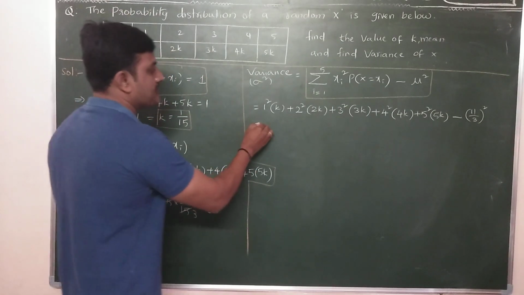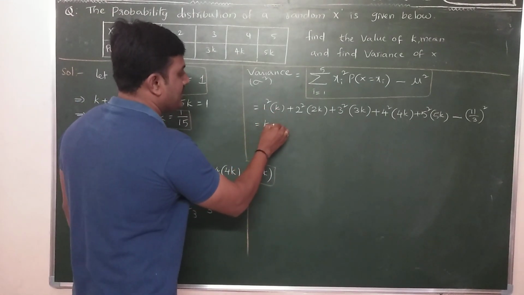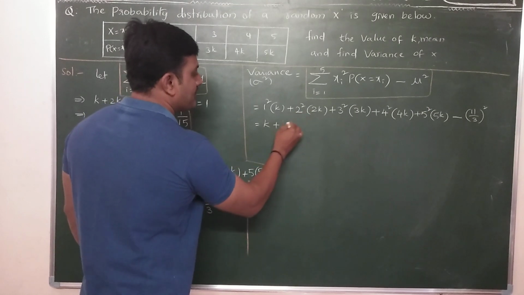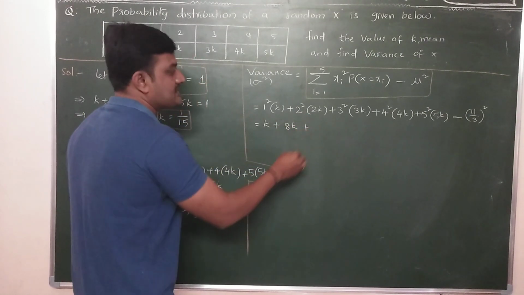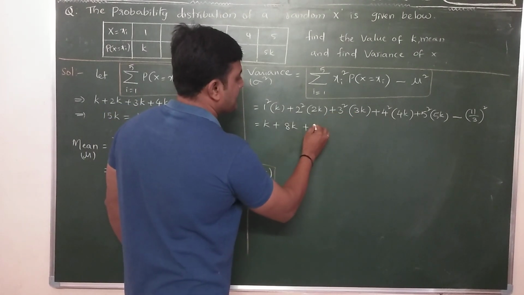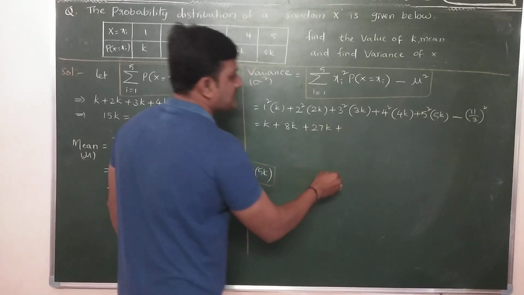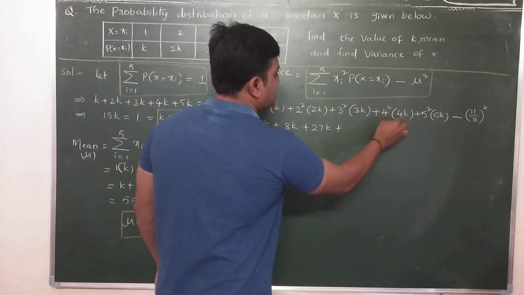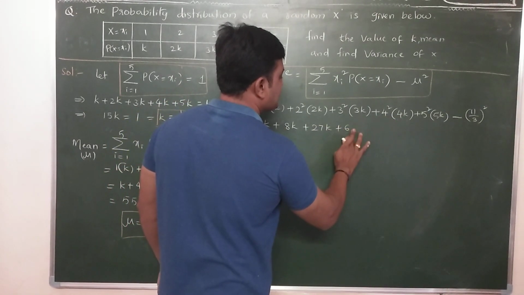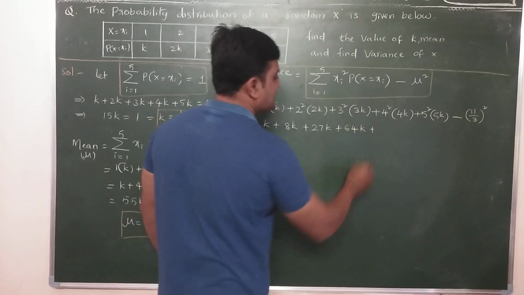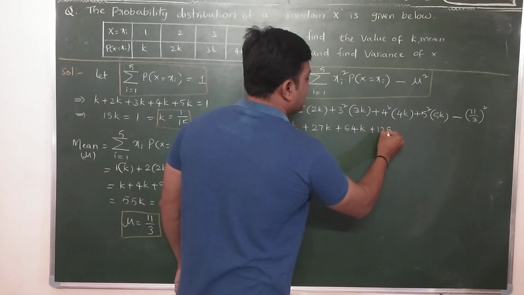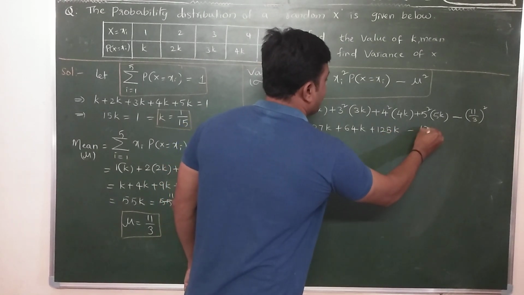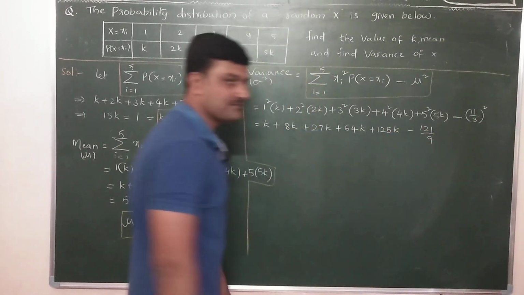So 1 square into 1k plus 4 into 2k is 8k, plus 3 square is 9, 9 into 3 is 27k, plus 4 square is 16 into 4, 64k, plus 5 square is 25 into 5, 125k, minus 121 by 9.